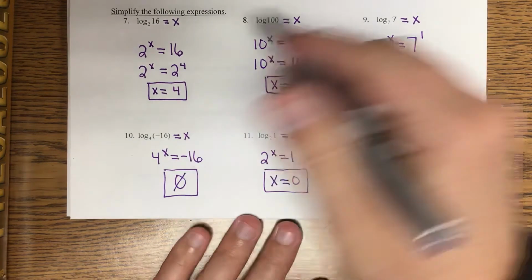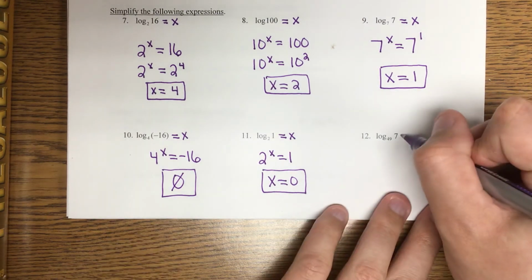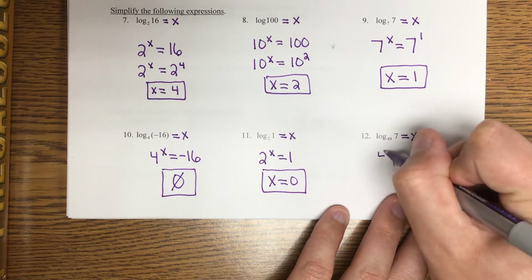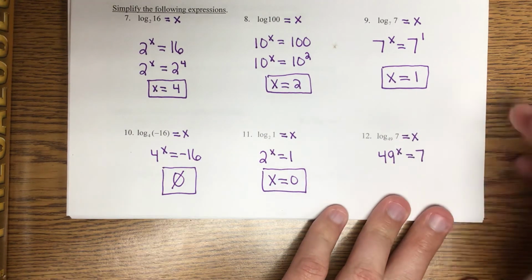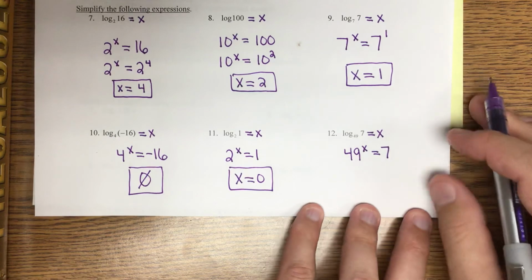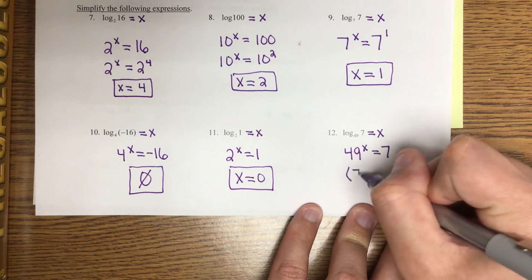So in essence, what you're doing is converting it to a problem from a couple days ago, and then you just follow what we learned in day 2. The last one here, number 12, I want to know what power on 49 changes it to 7. The answer here is not 2, right? 49 squared is definitely not 7. So I'm going to get bases to be the same.